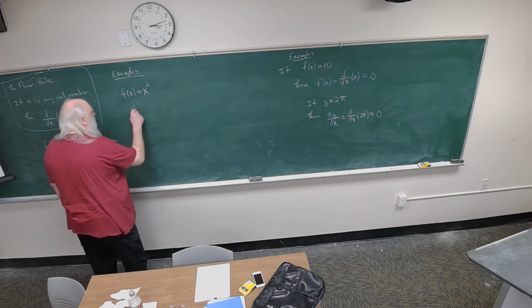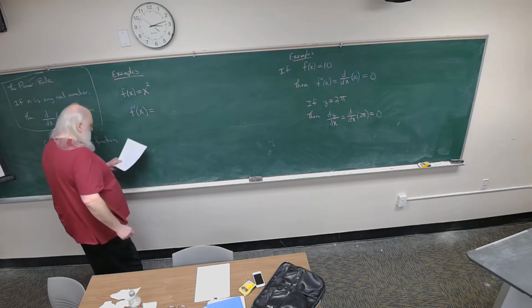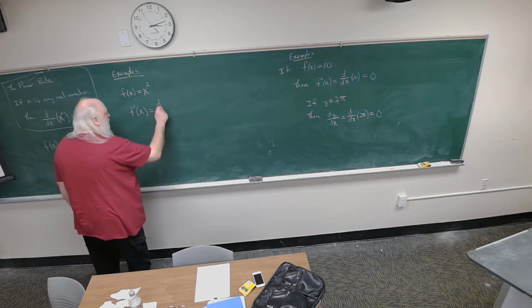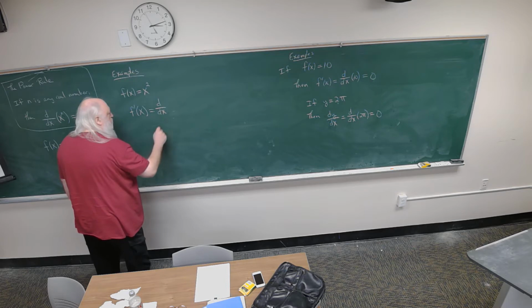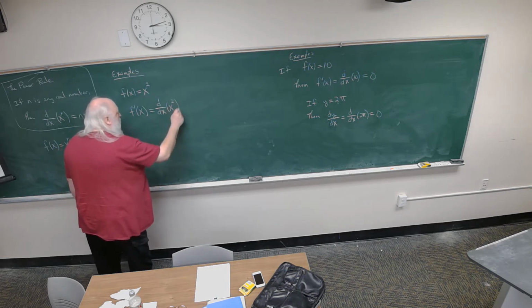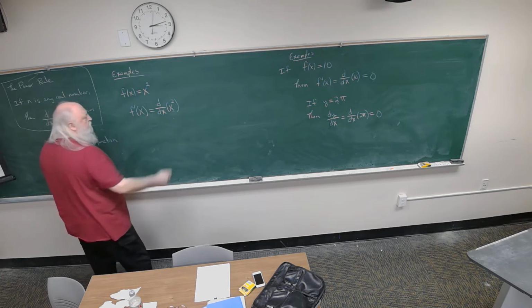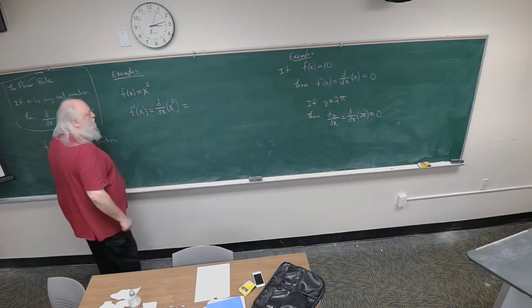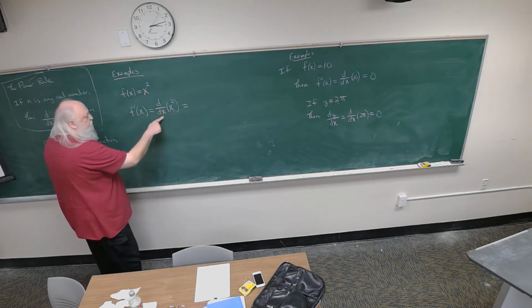The derivative of f of x, f prime of x, is equal to, in Leibniz notation, the derivative of x squared with respect to x.